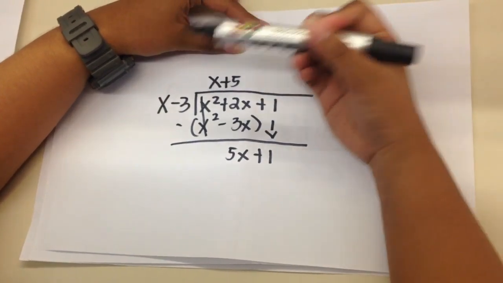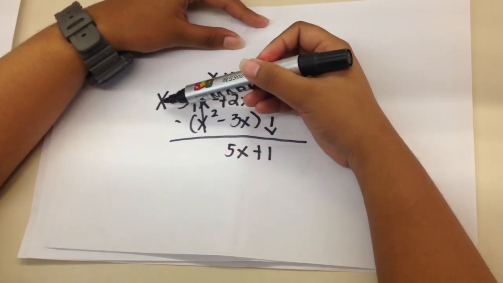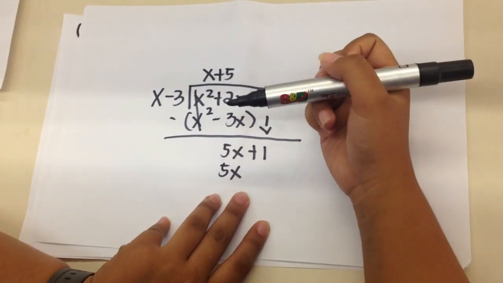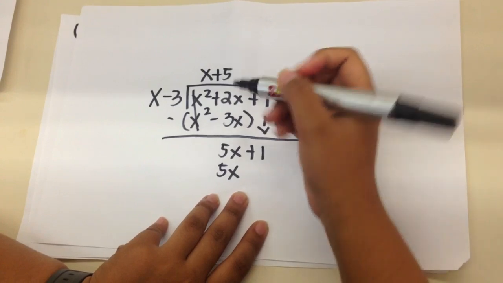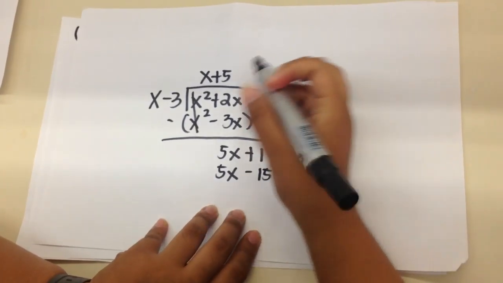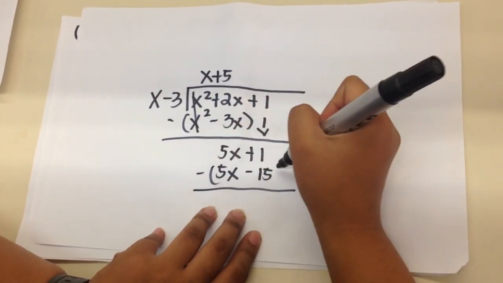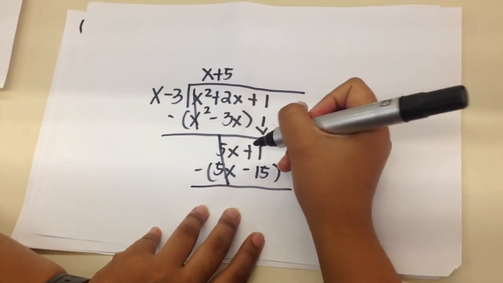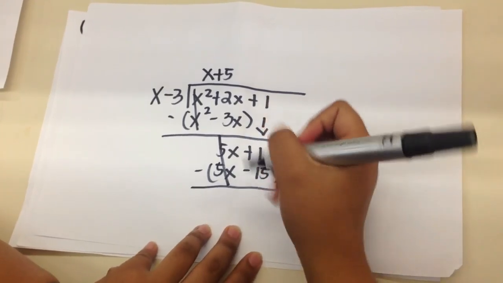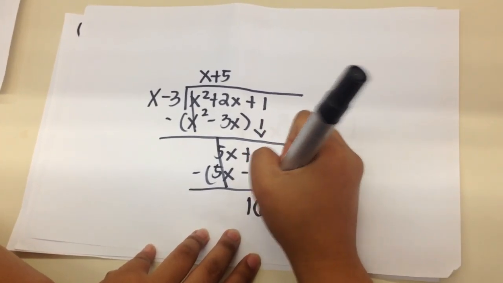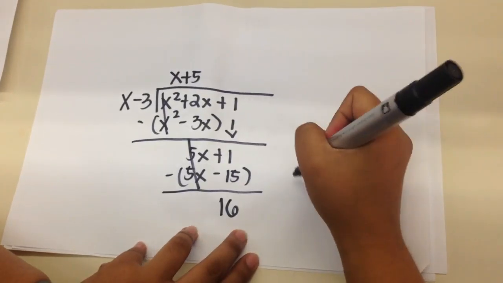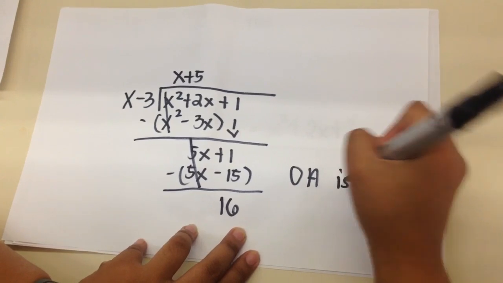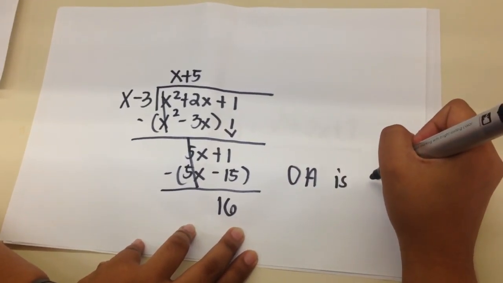Then 5 times x is equal to 5x, and 5 times negative 3 is equal to negative 15. Then subtract. 5x minus 5x is equal to 0, and 1 minus negative 15 is equal to 16. So our oblique asymptote is x plus 5.